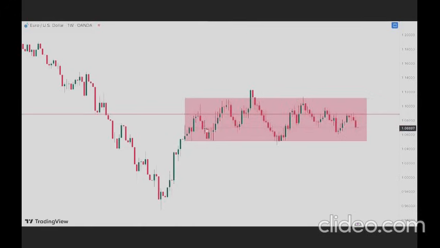It means when you go to higher time frame like monthly, these are just like rejections.